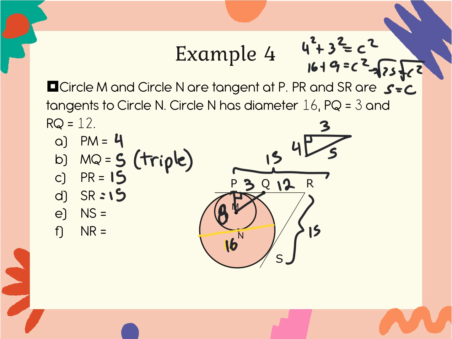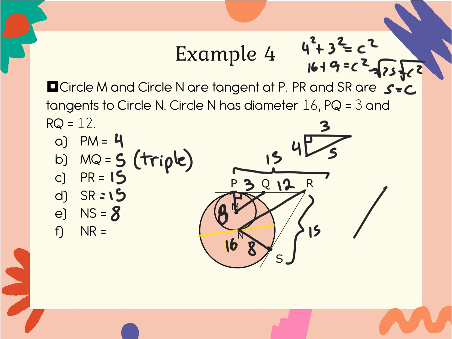Now, NS is this segment right here. That is the radius of the big circle, and as we know the radius is half of the diameter, so we can do 16 divided by 2, and that's how we get that it is 8. I'll write that information down, and then they're asking for NR, which is this segment right here.